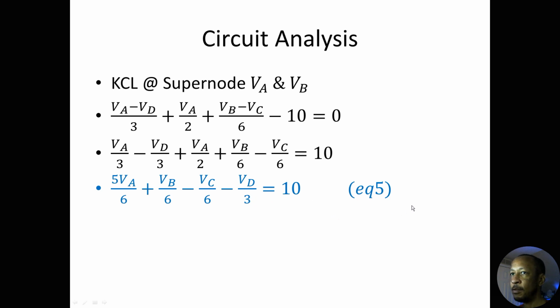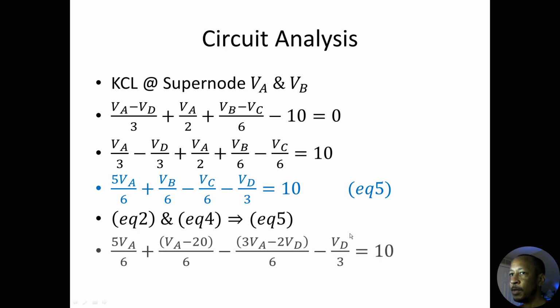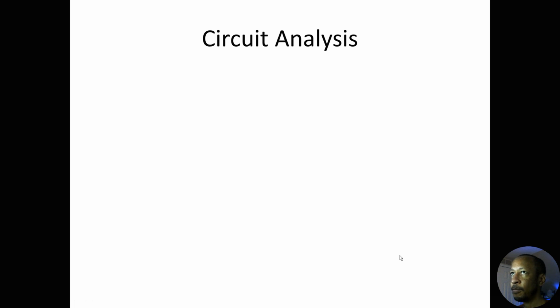That's equation 5. Next, I'm going to take equation 2 and equation 4 and place it into equation 5. That gives me 5VA over 6 plus (VA minus 20) over 6 minus (3VA minus 2VD) over 6 minus VD over 3 equals 10.